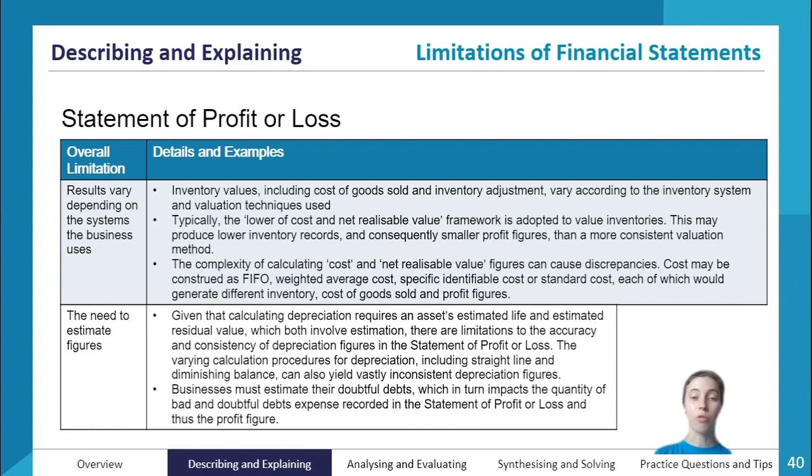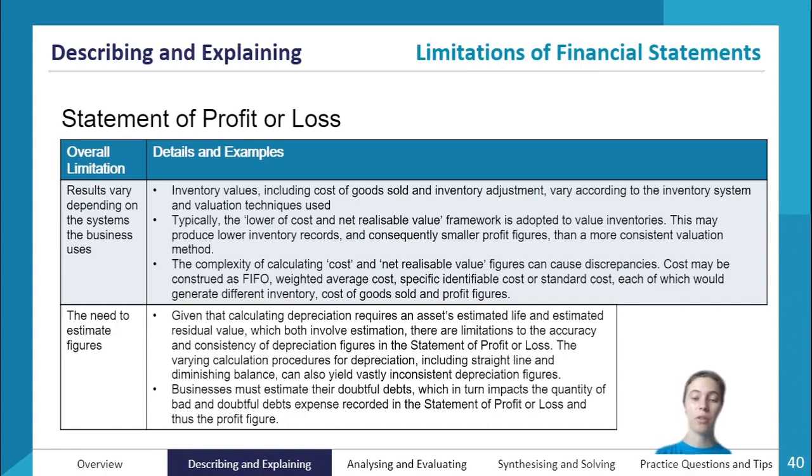There are also different depreciation methods, and they can yield really different depreciation figures depending on what the business does use. And businesses also have to do other estimation as well. So we were talking about doubtful debts.